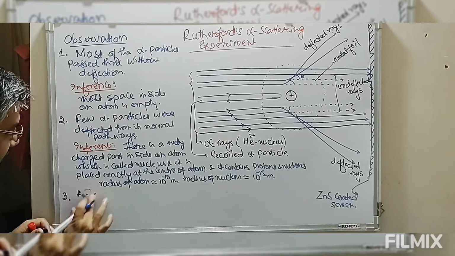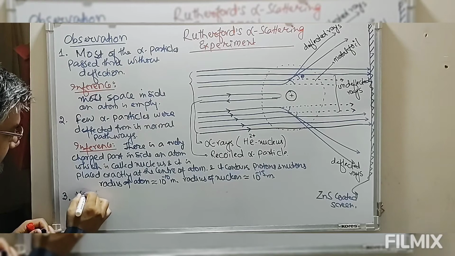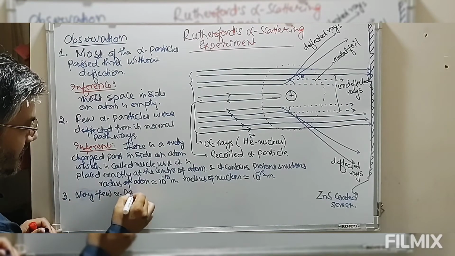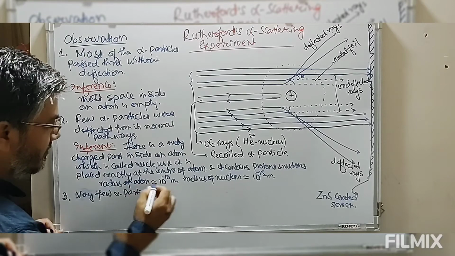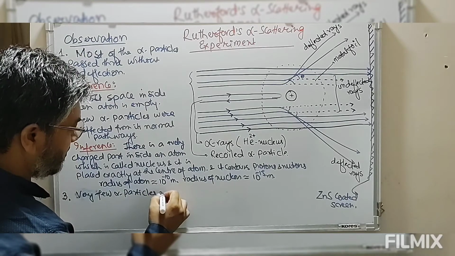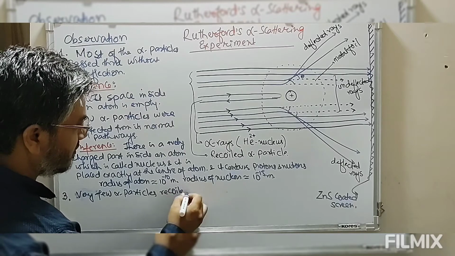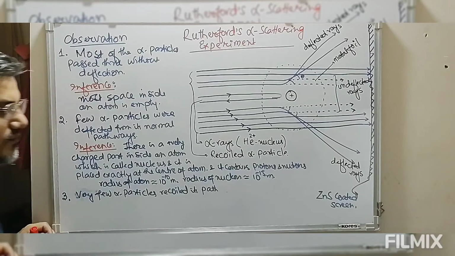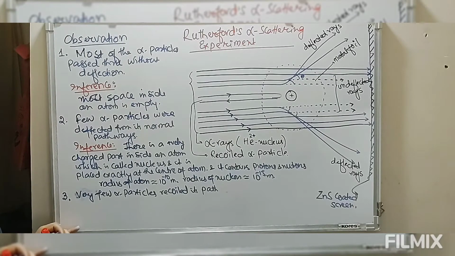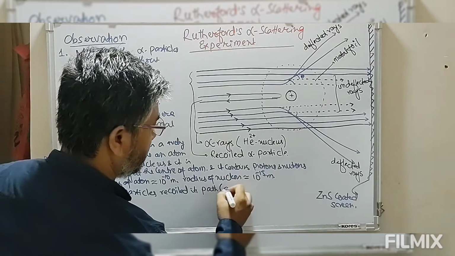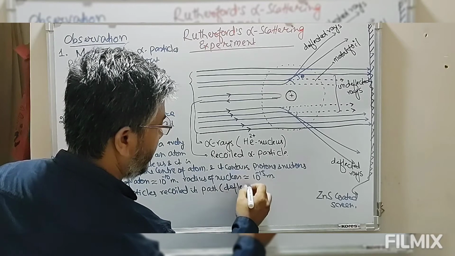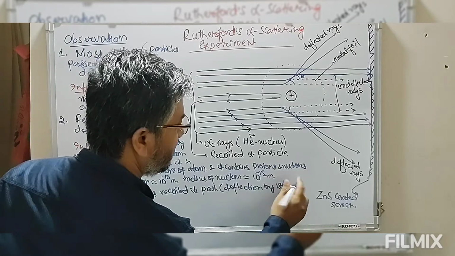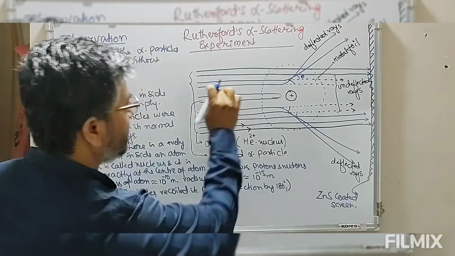Very few alpha particles recoil their path, that is, are deflected by 180 degrees. Deflection by 180 degrees, so this is the one.